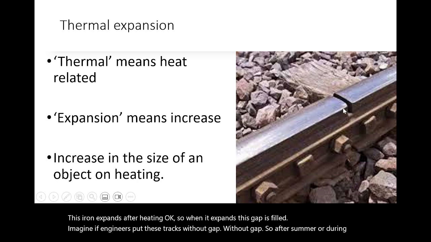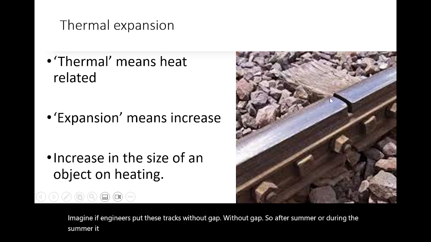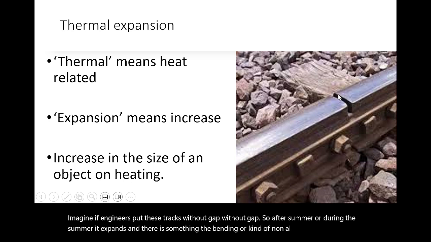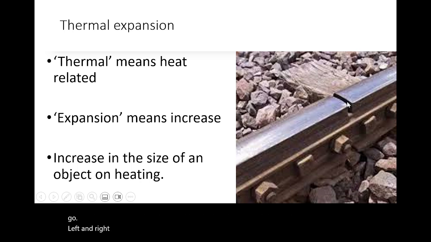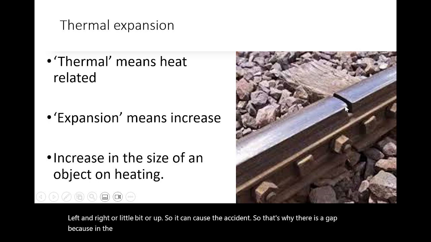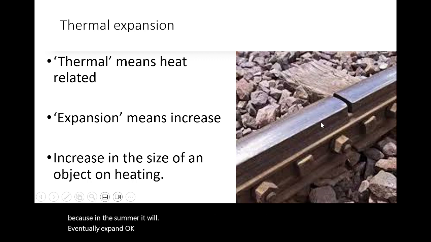During the summer, it expands and there is bending or kind of non-alignment. The track can go left and right or a little bit up, so it can cause an accident. That's why there is a gap, because in the summer it will eventually expand. This is safe for the train traffic.